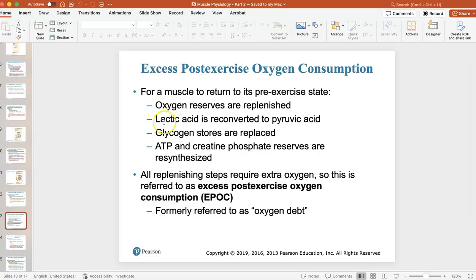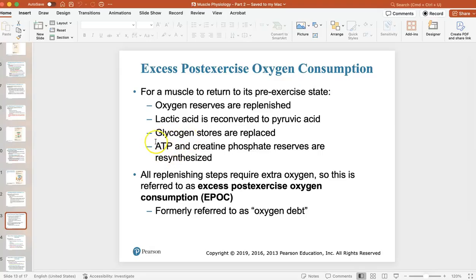When we rest, our body converts lactic acid that may have accumulated from the anaerobic activity, converting it back into pyruvic acid, and then that, over time, will go through the oxygen system and we'll get ATP out of it. When we're not using glucose for ATP harvesting, the body will store it in the form of glycogen for later use.